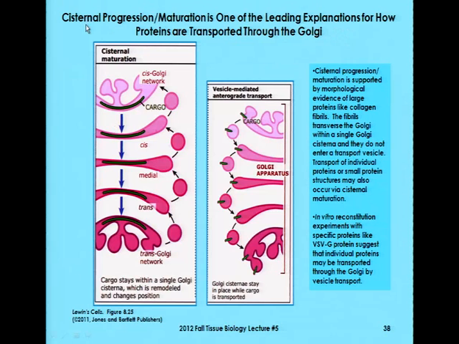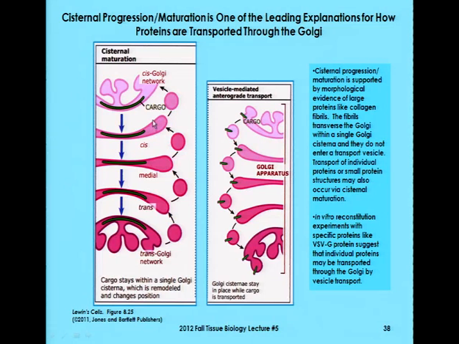Now, cisternal progression maturation, as shown here in this diagram, is considered to be one of the leading explanations of how proteins are transported through the Golgi. And the supporting evidence for this comes from study of large proteins like collagen fibrils.